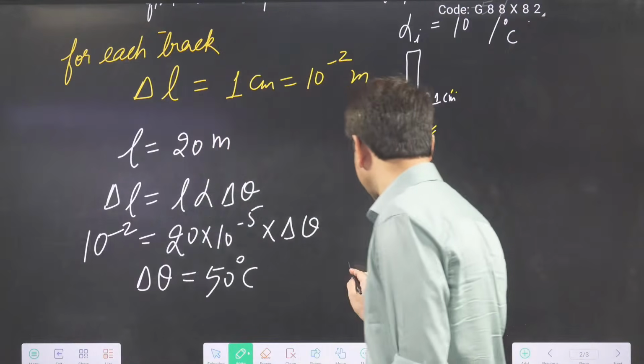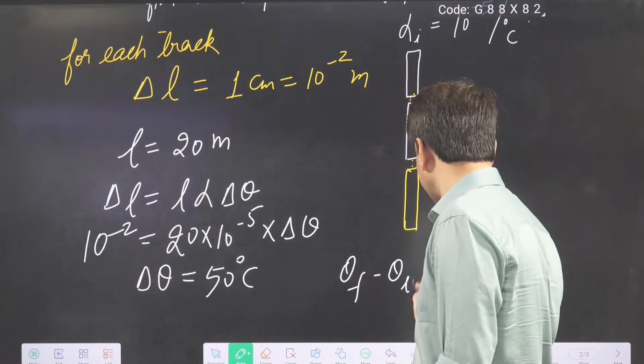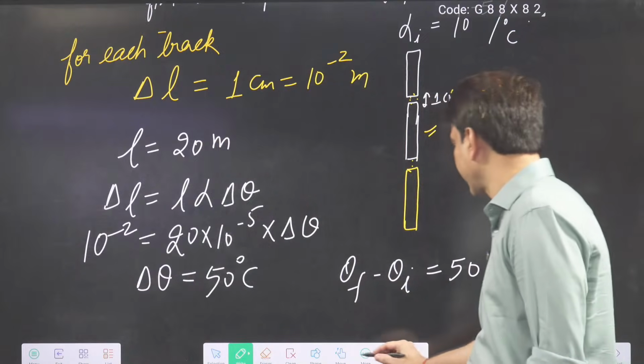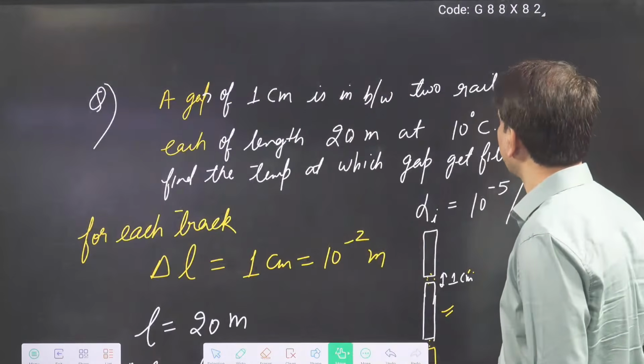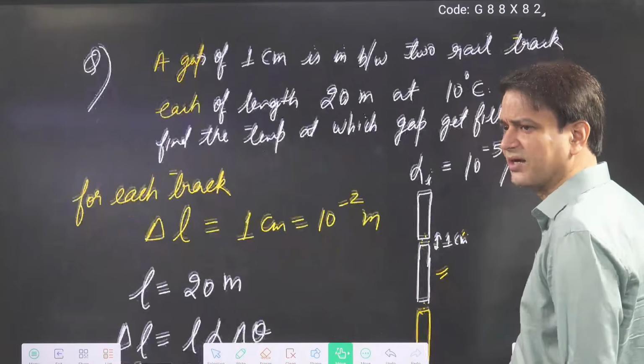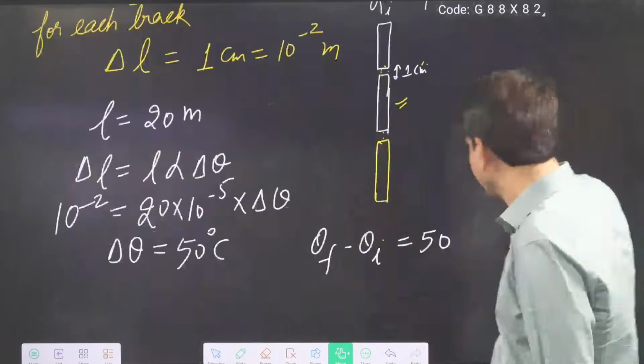Now delta theta we can say theta final minus theta initial is equal to 50. Initial given what? 10 degrees C. 10 or 20? 20. 10. So theta final will come 60, right?